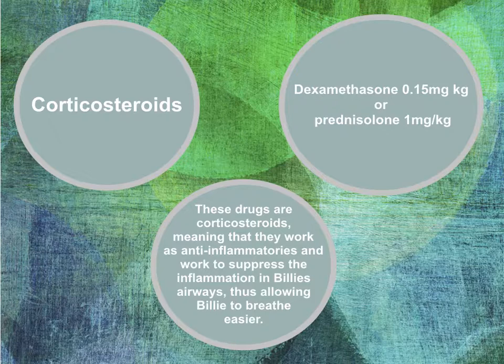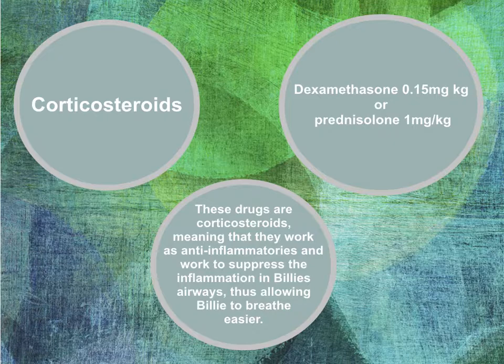Both of these drugs are corticosteroids, meaning that they work as anti-inflammatories and work to suppress the inflammation in Billy's airways, thus allowing Billy to breathe easier. This opening of the airway will allow Billy to meet his oxygen demand and will stop that stridor or noisy breathing and will help eliminate that seal-like bark. Following these symptoms easing, you will be discharged. This will be as quick as 30 minutes after medication administration.